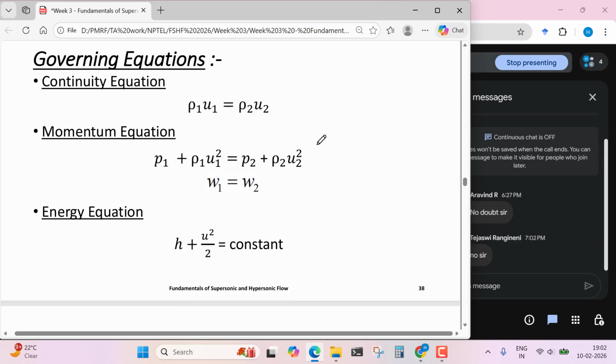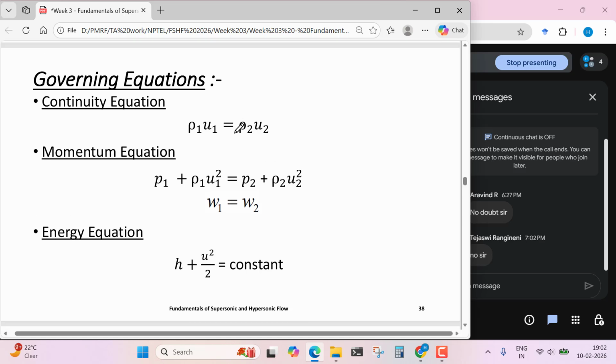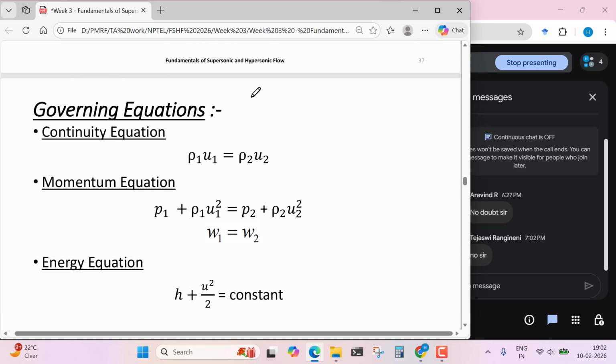Okay, so now we'll write all equations which we have derived together. So ρ1 U1 equal to ρ2 U2, it is continuity equation. One thing to pay attention to is that our velocity in upstream was V1, downstream was V2.